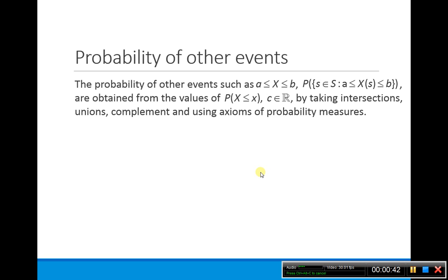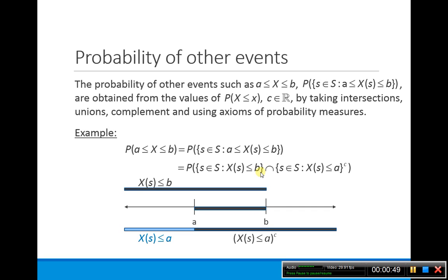So we can form all other probabilities by taking intersections, unions, complements, etc. So for example, if we want to figure out the probability of X being between A and B using only the probability of capital X less than or equal to B and capital X less than or equal to A, then we want to write this interval A to B in terms of these two intervals, X less than or equal to B and X less than or equal to A.